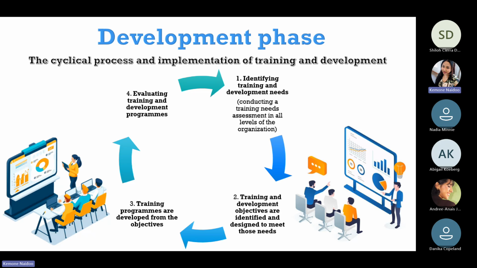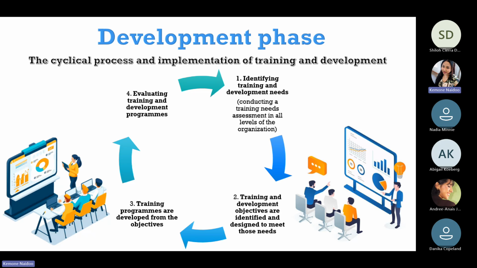It gives us an idea of what we need to accomplish in order to finally achieve our end goal. Okay, so once we've done this evaluation of what the training and developmental needs are in our organization, we set objectives and also we try to understand what do we possibly need to meet those different needs. Okay, so a lot of brainstorming goes into this.